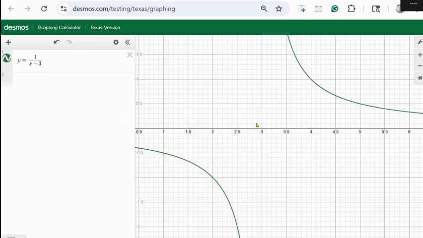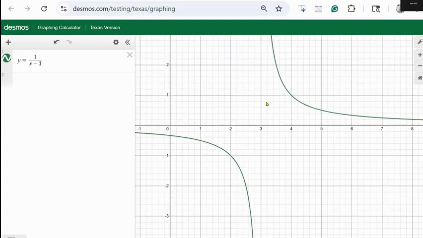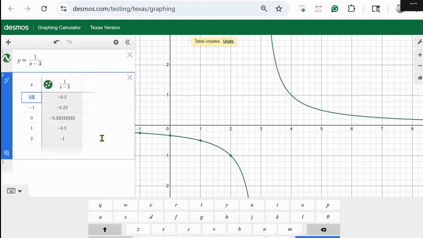Okay? Now, let's look at the table. That's the other way. So the answer is it's all numbers except 3. Except 3, okay? Let's look at another way to look at this. Because it's obvious, no? I'm going to the table. Okay.